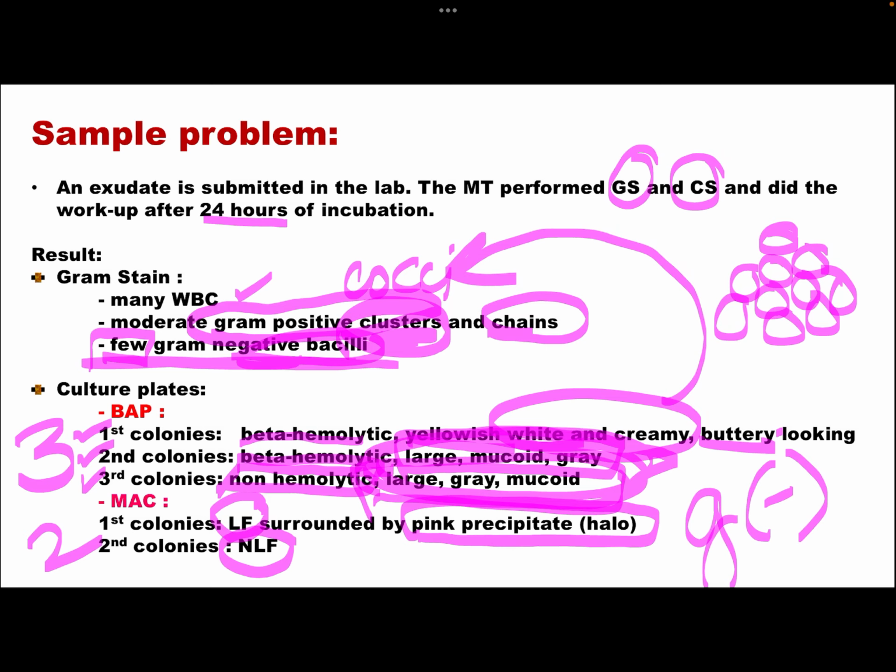That's why you need to perform isolation technique in order to really isolate a pure culture. By obtaining a pure culture, you can correctly identify the microorganisms present in the specimen of the patient. So aside from the gram stain result, you can have initially a clue of what microorganisms you are possibly identifying.